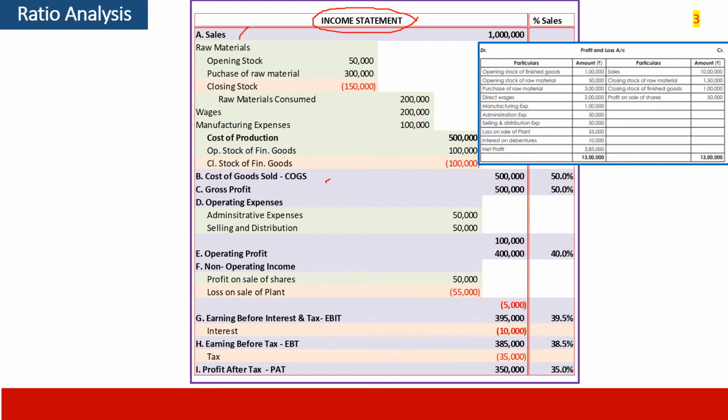Sales, cost of sales, gross profit, operating expenses, operating profit, non-operating income, EBIT, EBT, and profit after tax. Every ratio has to capture data from this template only. There is nothing outside this so far as the profit and loss account is concerned.